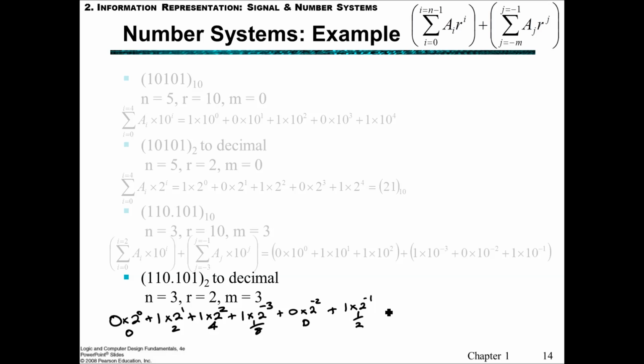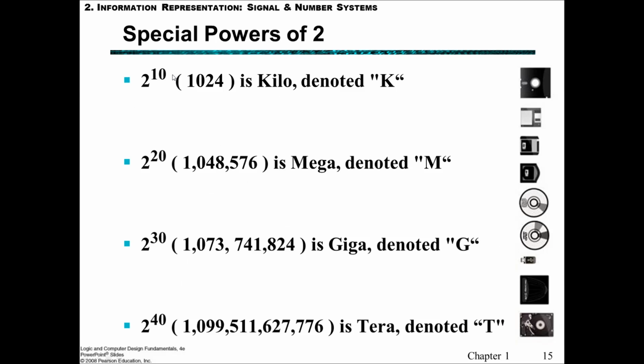So, well, this is the same as 0.125, this is the same as 0.5, so that we get a total of 6.625 in decimal.